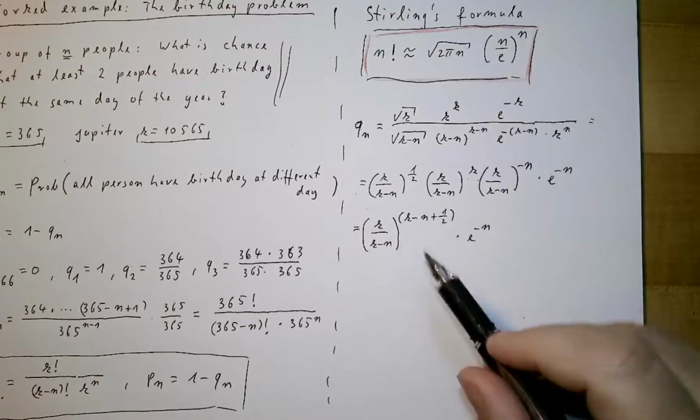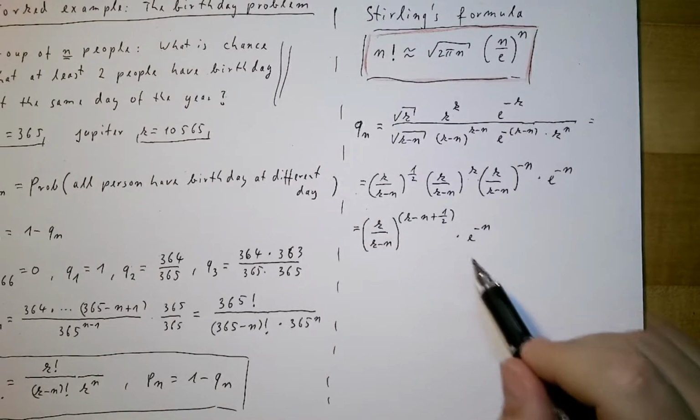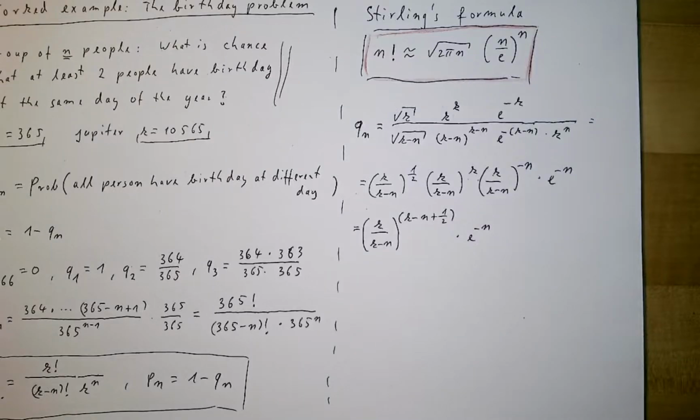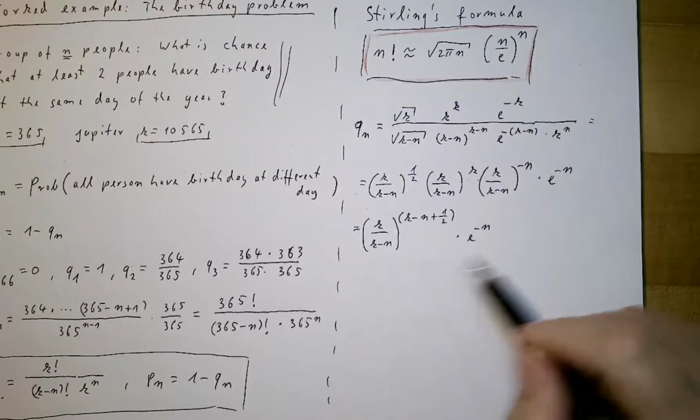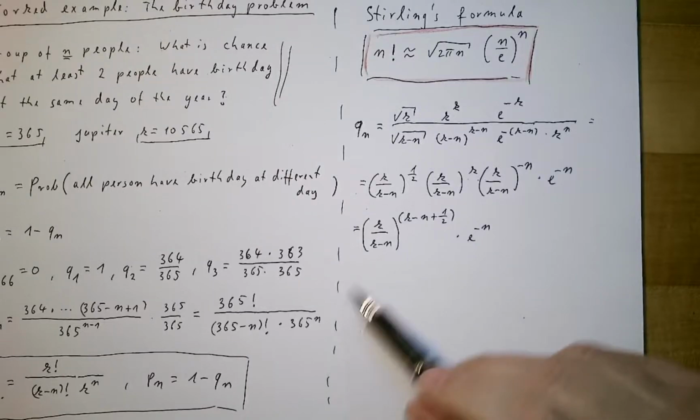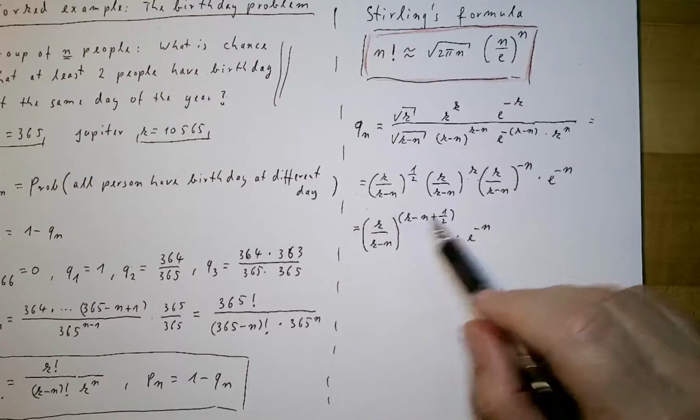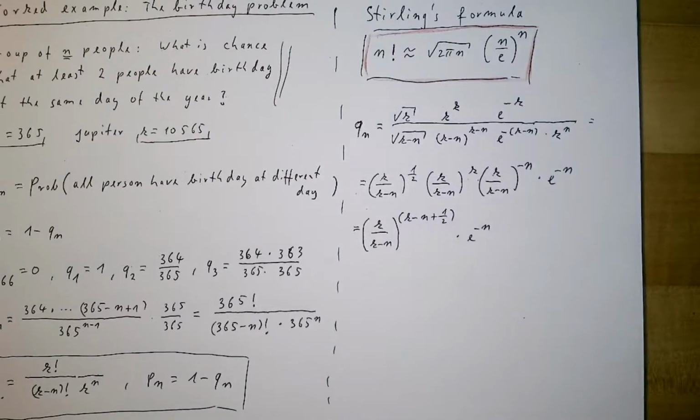Okay, so what is our next strategy here? In principle, we could say, okay, now we have a nice formula, and we can plug in numbers k and n and work this out. But now I want to get more intuitive insight into the solution.